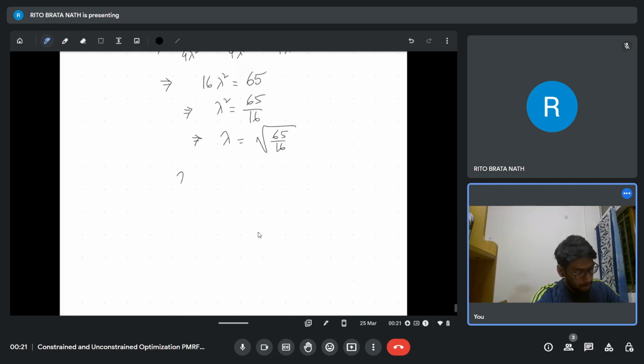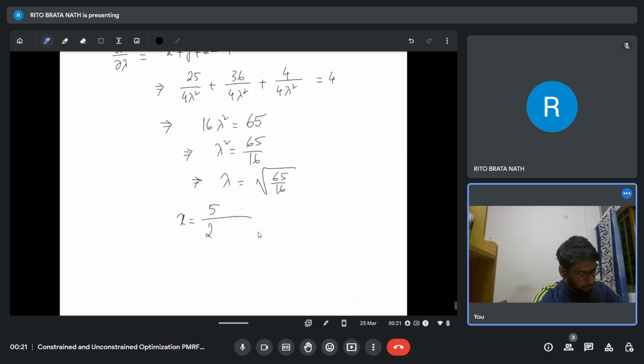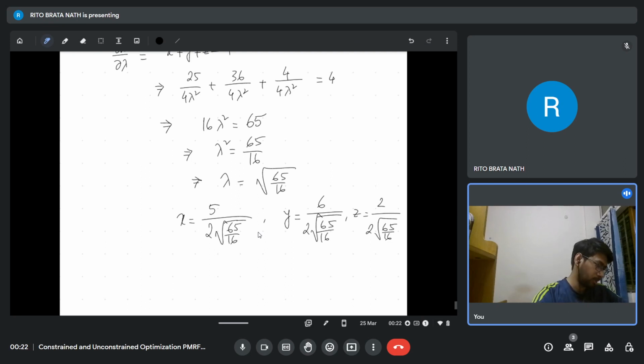And finally, that gives you 5, 6 and 2. This will be your x, y and z, and you can simplify it further if you want.